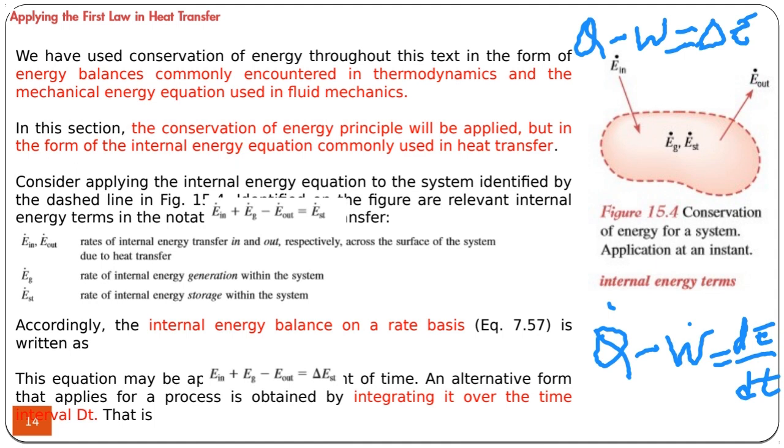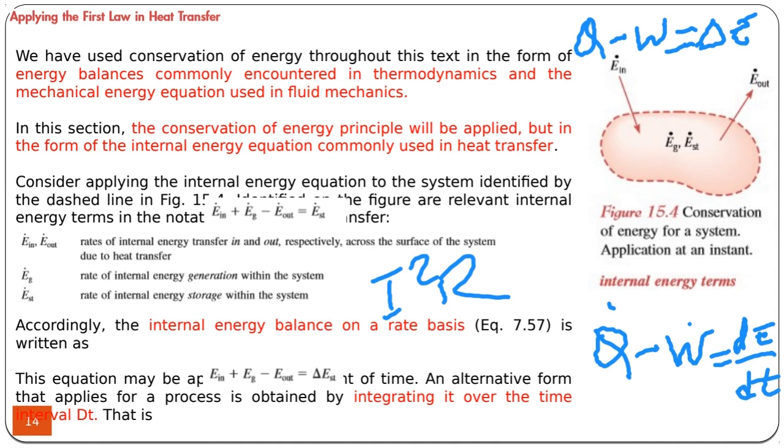If this is a resistor, and current is passing through it, energy is generated at a rate of I squared R, right? So this is an energy generation. What else? You have uranium rods inside a nuclear reactor, right?